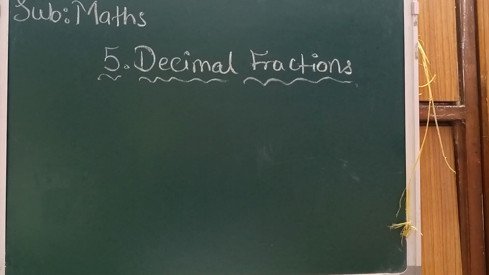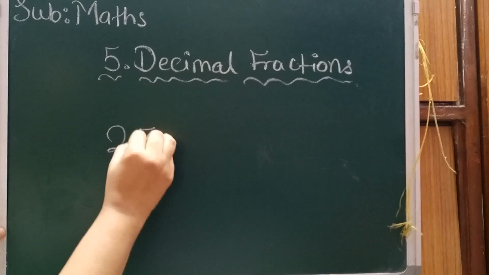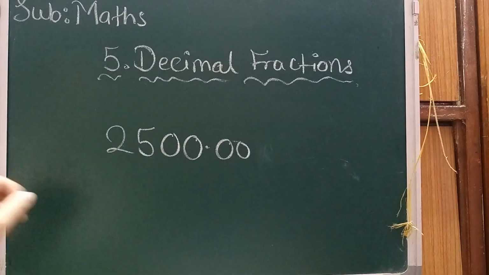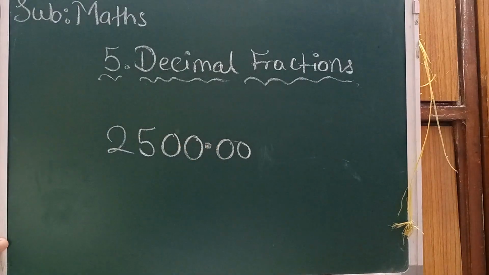Students, you all might have seen the bill which we get from the grocery shop, or many times you visit the malls for shopping, and after your shopping you might have seen the bill. You might have seen the values there which appear in decimal form. Numbers in which we can see the decimal point are called decimal numbers or decimal fractions.